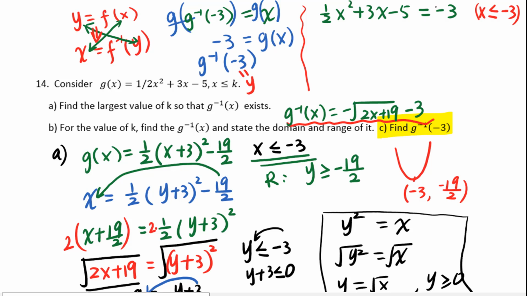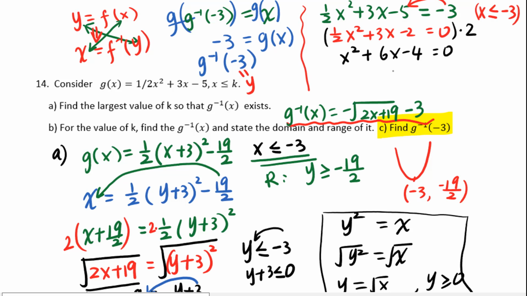Since this is a quadratic function, try to get the equal-0 form. So add 3 to both sides: 1 over 2 x squared plus 3x minus 2 equals 0. Multiply by 2 on both sides, because we want to get rid of this denominator. You will get x squared plus 6x minus 4 equals 0. Since we cannot factor, you have to use the quadratic formula.